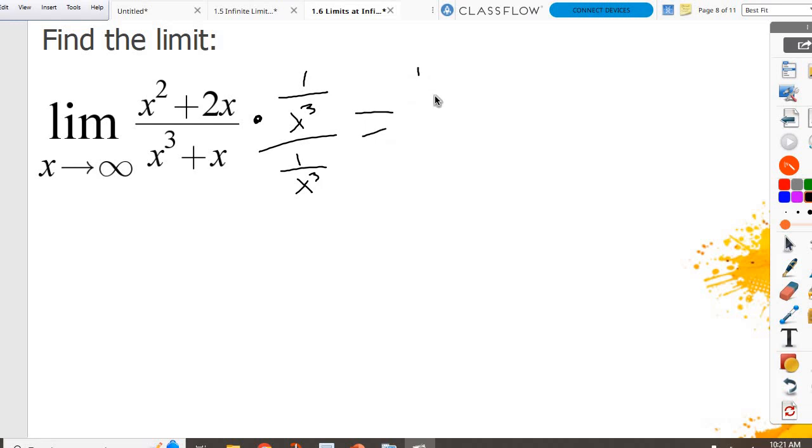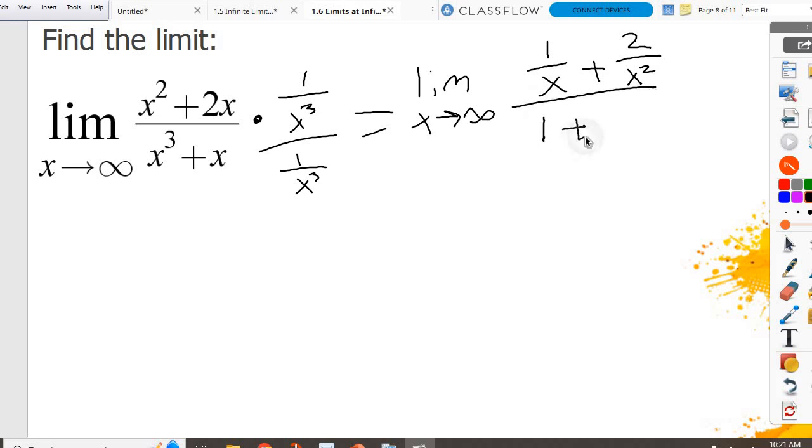Okay. Which, again, making sure that we put our limit as x goes to infinity. If I multiply x squared by 1 over x cubed, what are we left with? No. X squared times 1 over x cubed. There we go. Okay. And then my second one would be 2 over x squared. Agreed? My denominator would be 1 plus what? 1 over x squared.